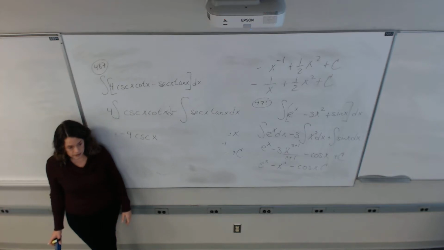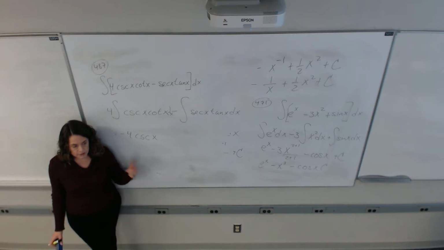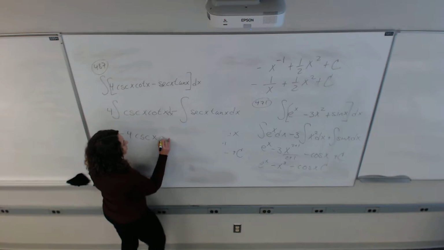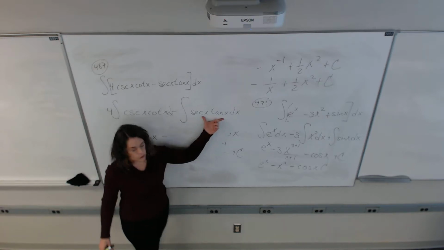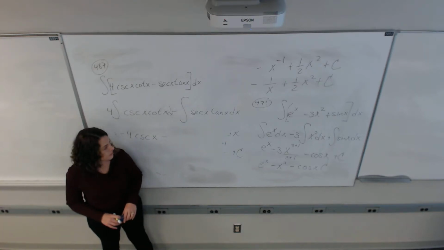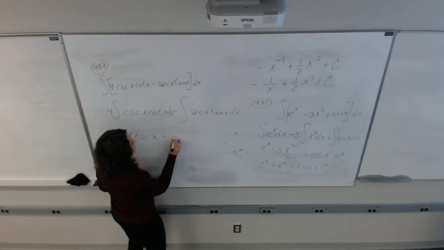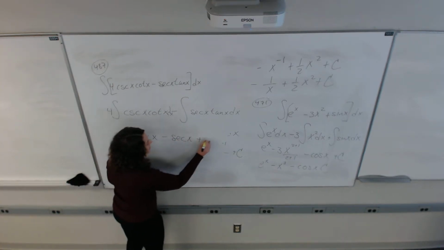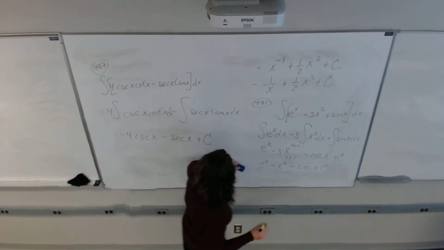That's not squared. The one that's squared is the derivative of cotangent. That gives you negative cosecant squared, and derivative of tangent is secant squared, right? So over here, what function do you know has a derivative of secant tangent? Secant. So you get a minus secant of x plus c. That's it.